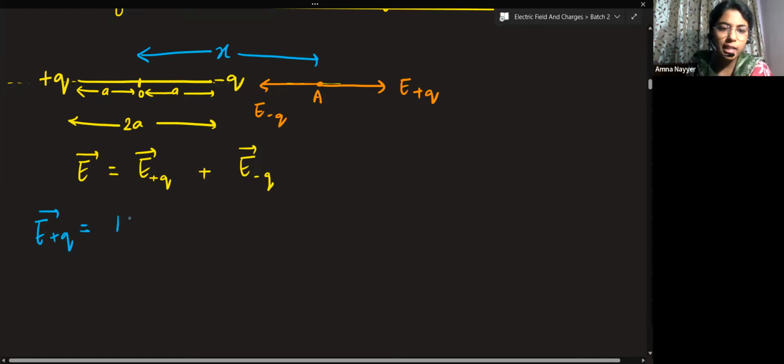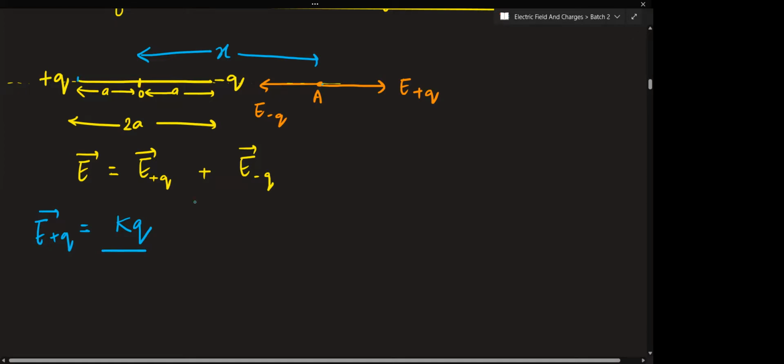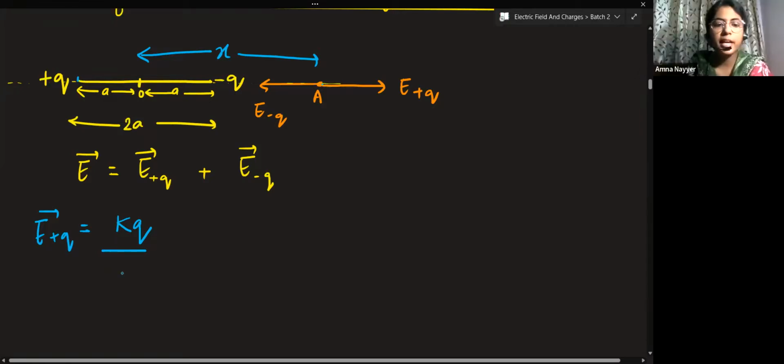So K is this. Q for positive Q, this is small q. Now the separation, if this total is x, this part was small a, what will be from here to here? X plus a. Good. So this will be x plus a whole square.